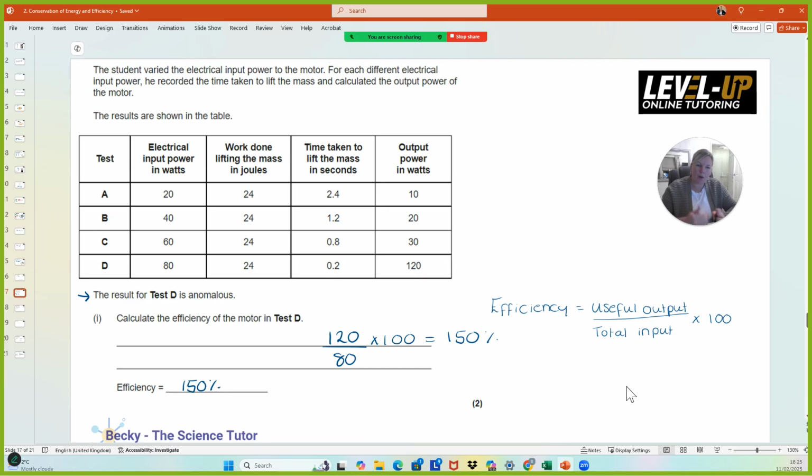They've probably read that reading wrong or put it into the table wrong, but it's still wanting you to show that you can calculate the efficiency. What most people do is have that little bit of a panic, because you do what I call a sensibility check and go, I can't have 150%, it doesn't make sense.